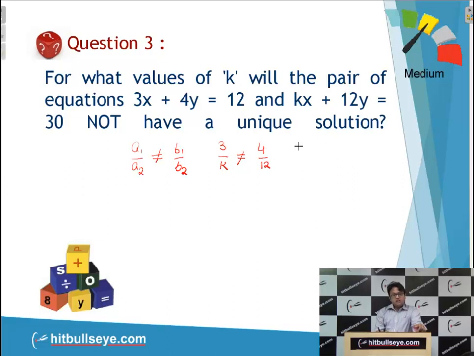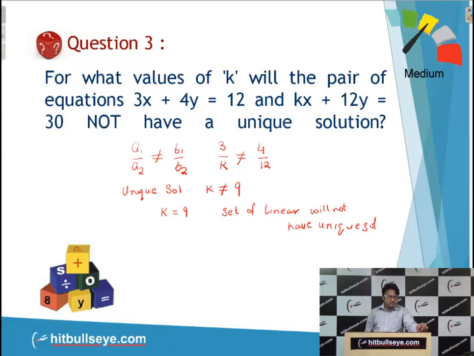That means for this set of linear equations to have a unique solution, k should not be equal to 9. That means for k equal to 9, the set of linear equations will not have a unique solution. I hope it's very clear to all of you.